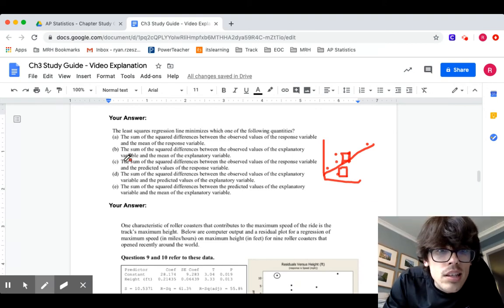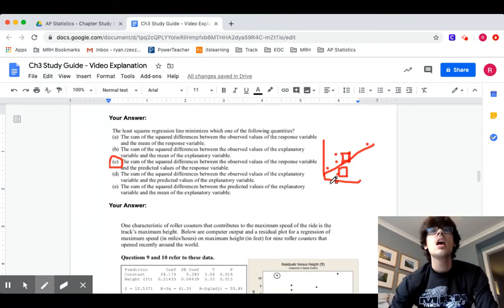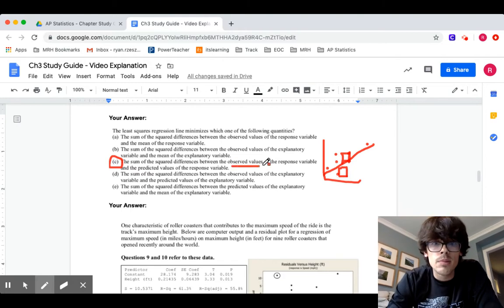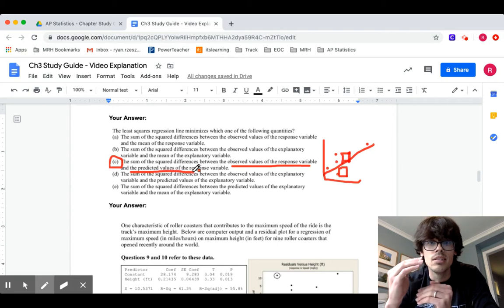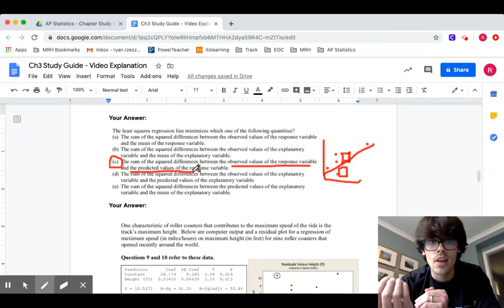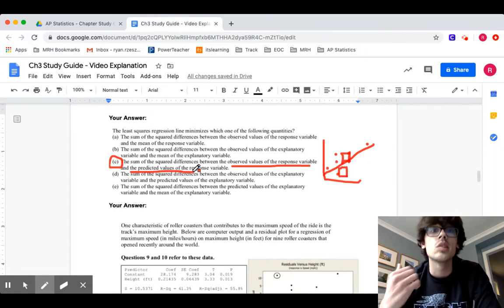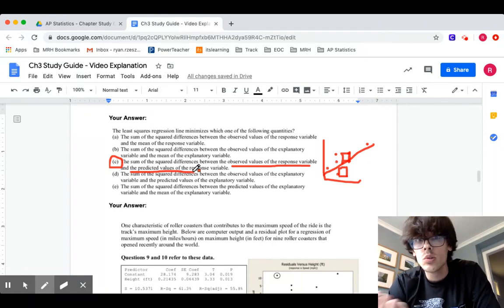The choice that says that is going to be C. It's the sum of the squared differences between observed and predicted of the response variable. That whole second sentence, between the blah, blah, blah, that just means residuals. Observed and predicted for the response variable is exactly what a residual is. They just said observed instead of actual. So it's the sum of the squared residuals, which is choice C.